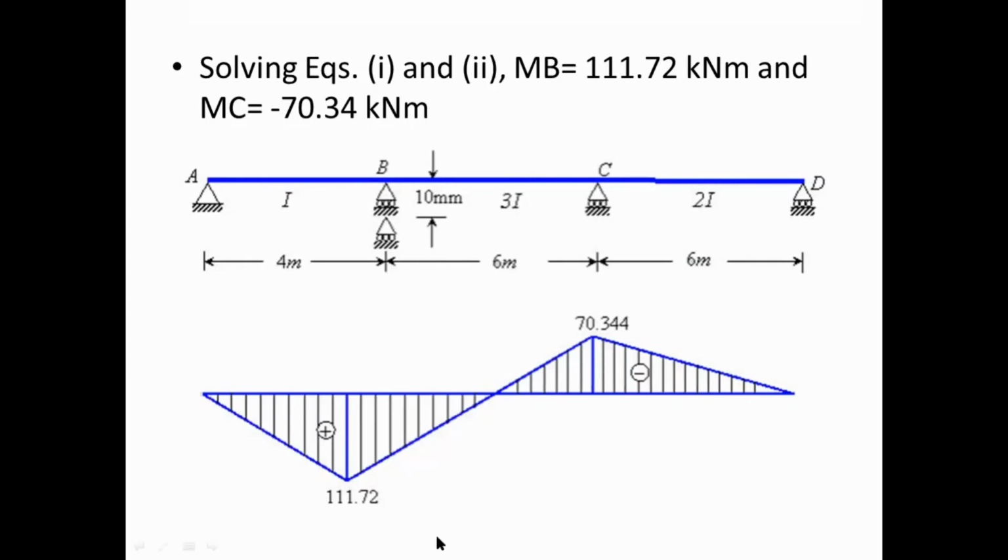So I have the freedom to consider the part below the reference line as positive and the part above the reference line as negative, or vice versa. I can plot this diagram with the 111.72 ordinate above the reference line and the 70.344 value below the reference line. I can draw its mirror image also. That will also be correct.